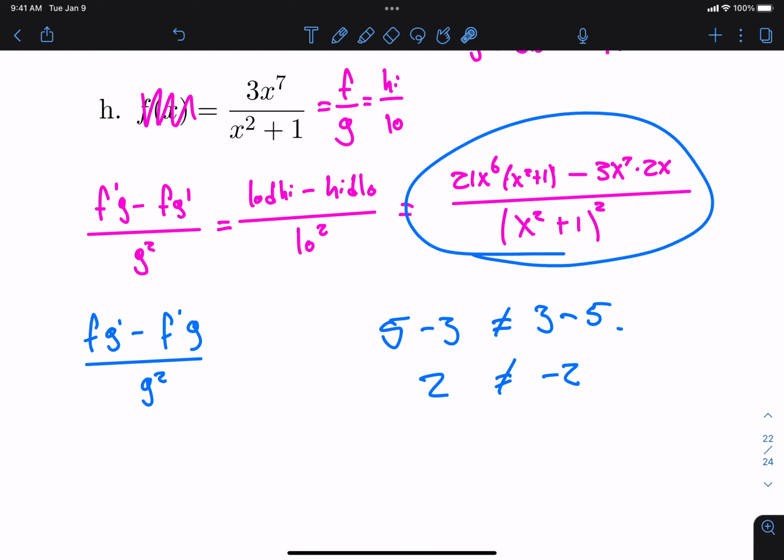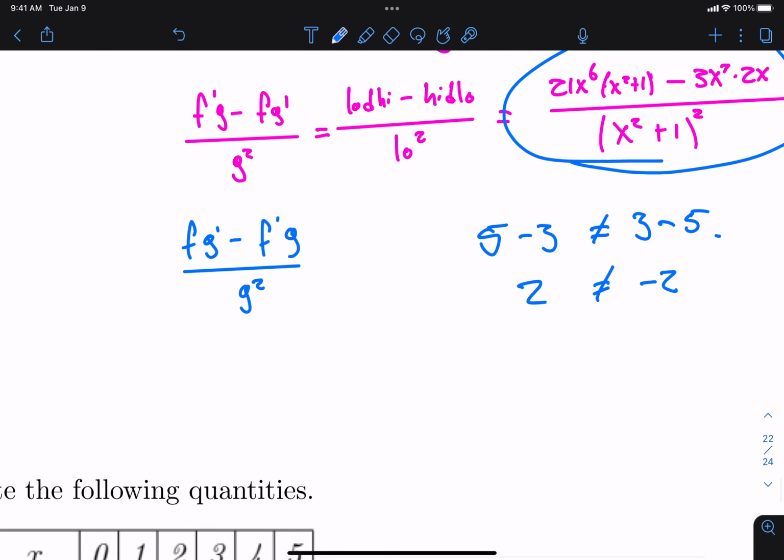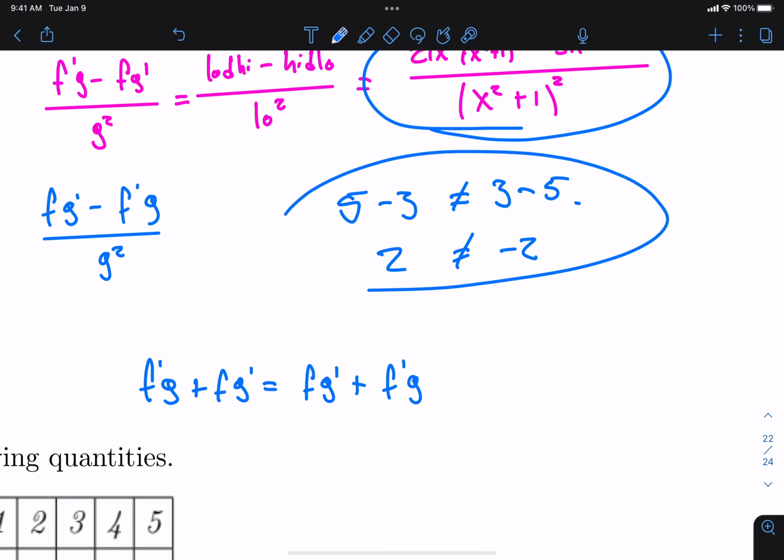The one that the order doesn't matter for is the product rule. The reason is that although subtraction cannot be done in any order, so this is a no-no, addition can be done in any order. 5 plus 3 is the same as 3 plus 5.